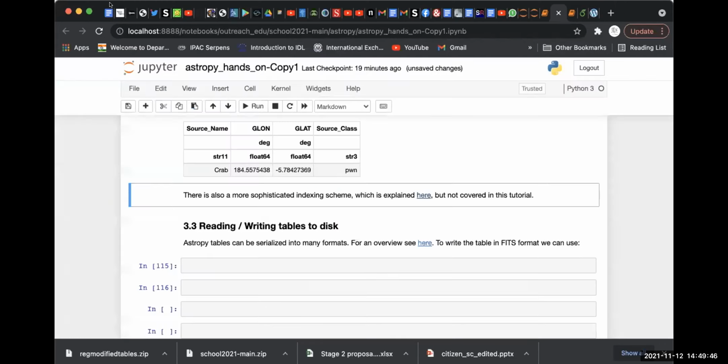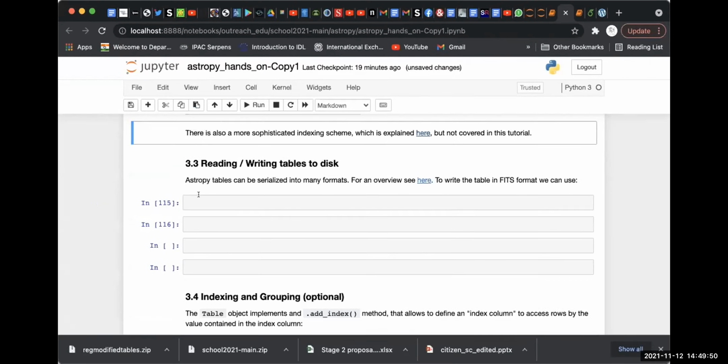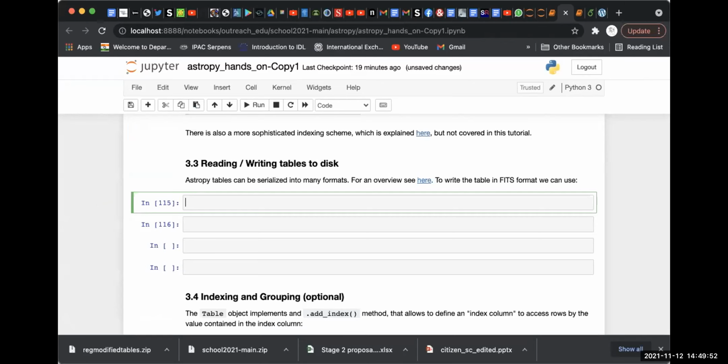Now, if you remember, yesterday we spoke about reading tables. What if you want to write tables? What's very nice is that table has a function called write. And the good thing about table write is you just have to give the extension of the file.